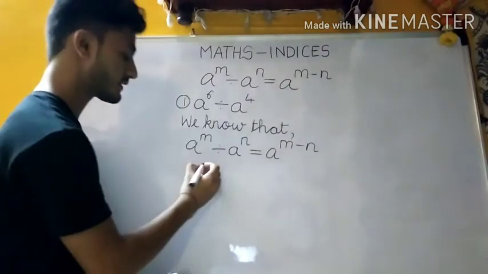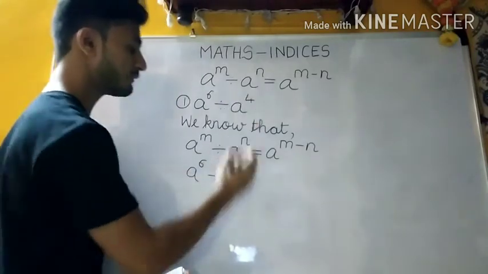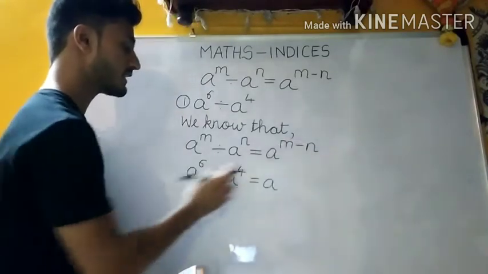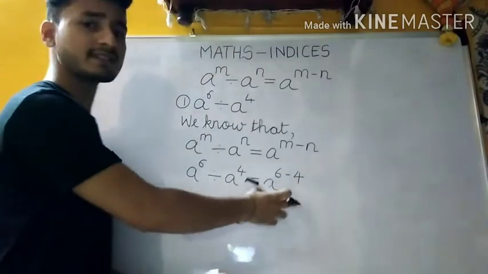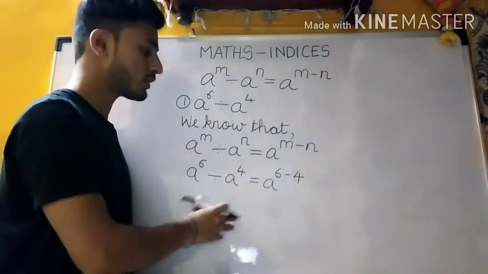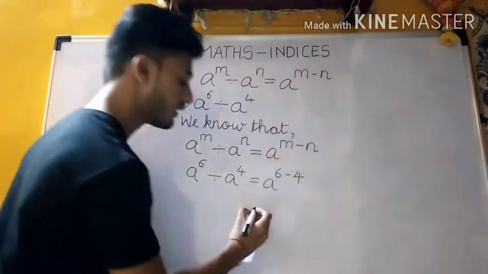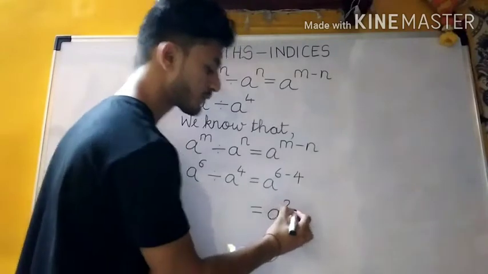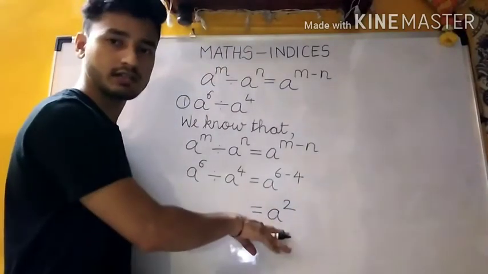Here m becomes 6 and n becomes 4, so a raised to the power 6 divided by a raised to the power 4 is equal to a raised to the power 6 minus 4. This is a simple subtraction, and you don't need any other formulas. 6 minus 4 is 2. Since it says simplify, you have to stop here.